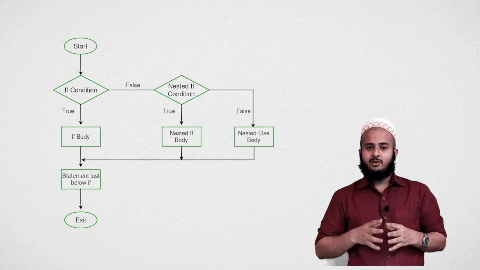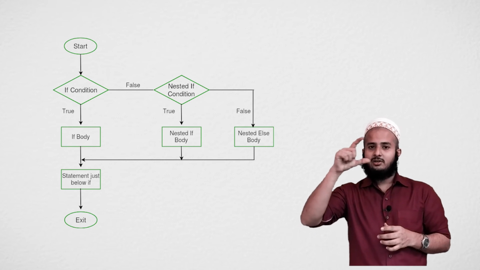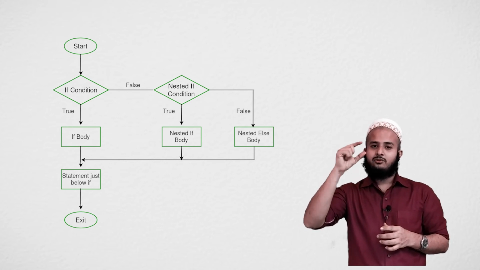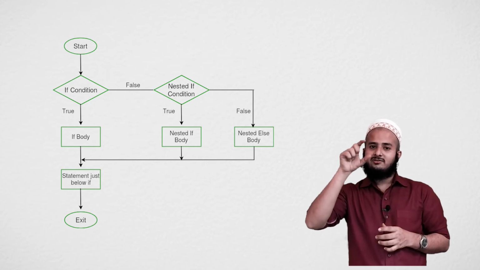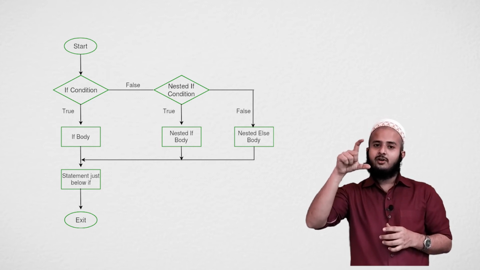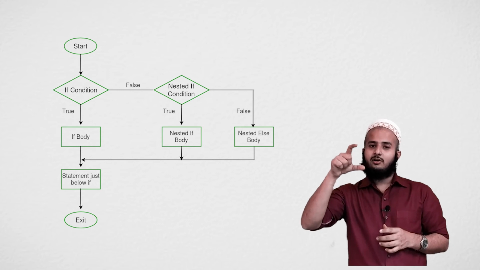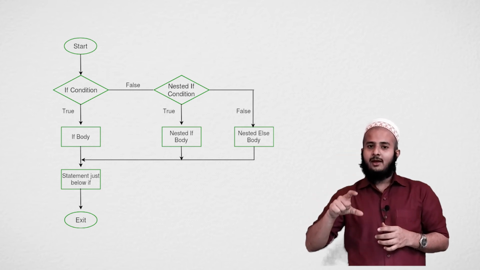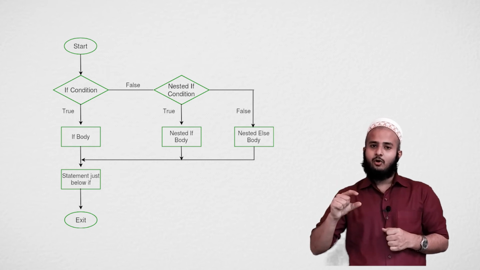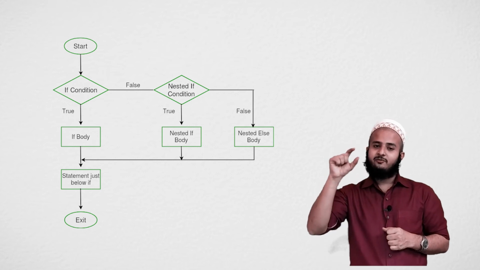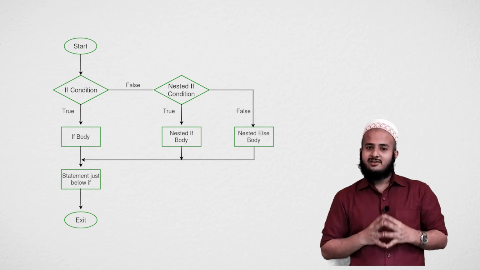So the structure is: if the condition gives a true result, then it goes inside the if block, and there is one more if block inside that if block. And if the first if block gives a false result, then there is an else block, and inside that else block there is an if block. The if block inside the else block and inside the first if block is known as the nested if block.